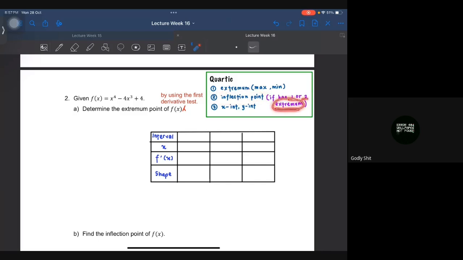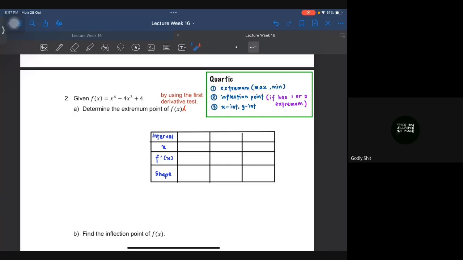If there are only 1 or 2 extremum, you need to find the inflection point. If it has 3 extremum, then you don't have to find the inflection point. Lastly, we find the X or Y intercept. It doesn't matter which. So numbers 2 and 3 can be in any order, but number 1 we find first.